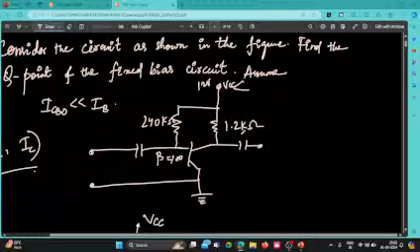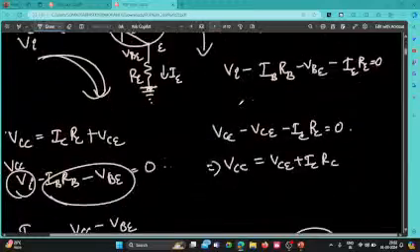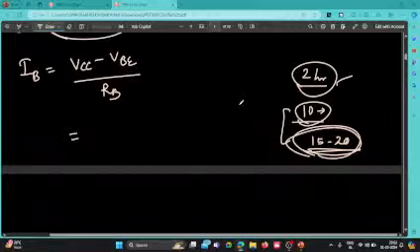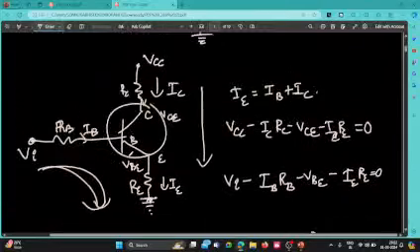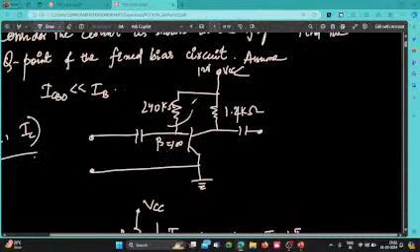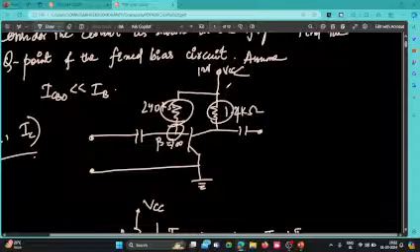So now what was I doing? VCC minus VBE by RB, right? So 12 minus VBE, which is always 0.7, divided by RB. RB is also given here. If you see, this is your RB, because this is connected to the base part, and this is connected to the collector part.